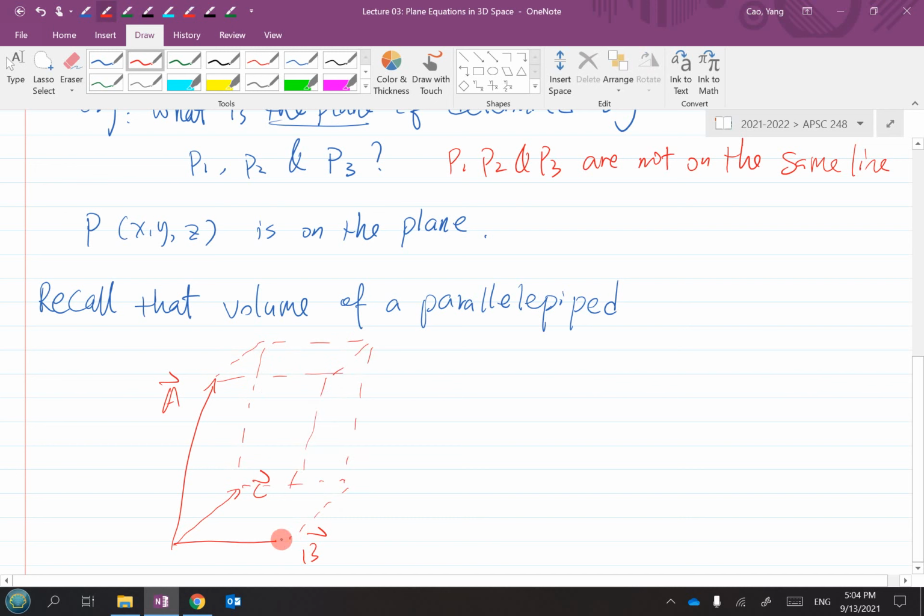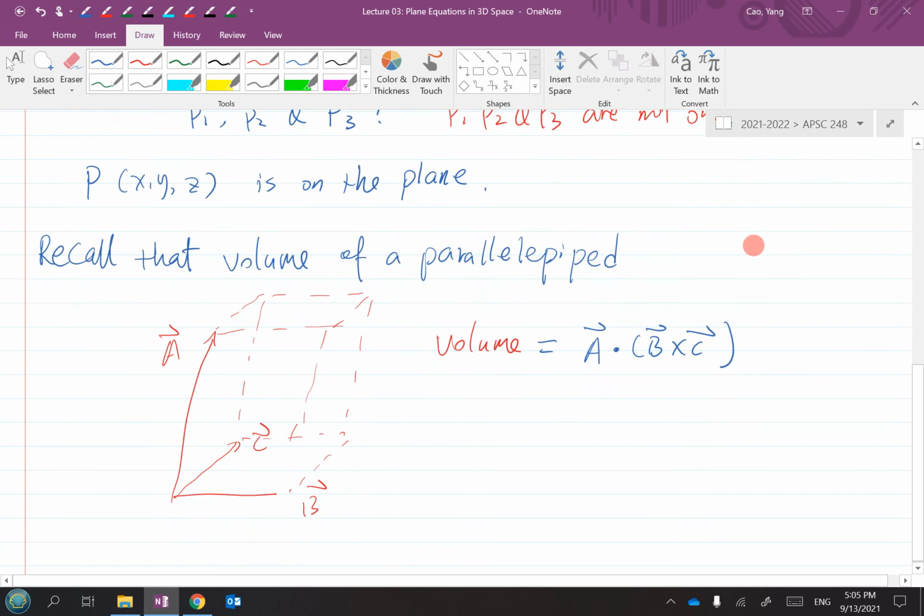You get an inclined box. We looked at its volume, and we derived that its volume equals A vector dot B vector cross C vector. So we find this solution, A dot B cross C.